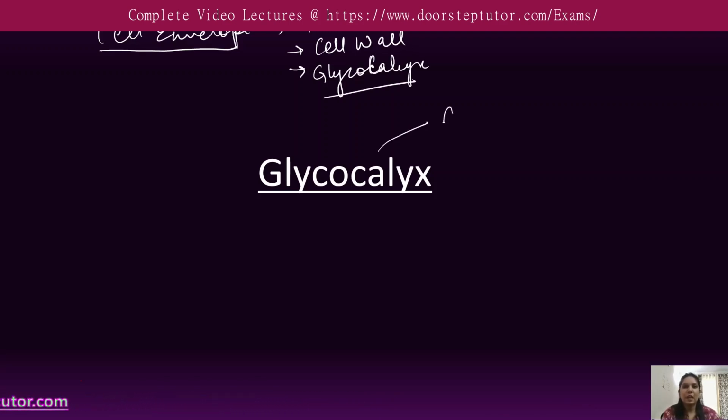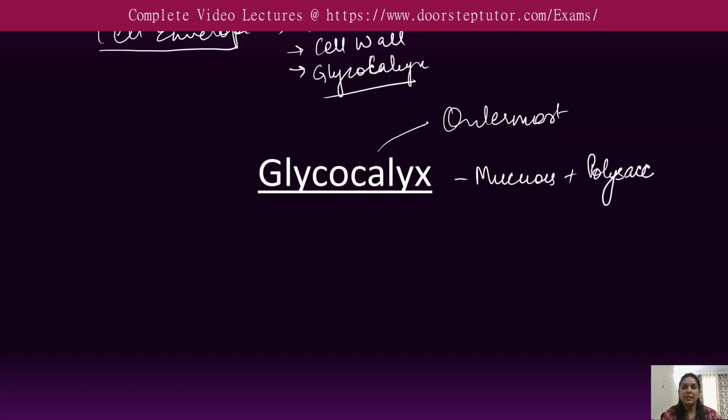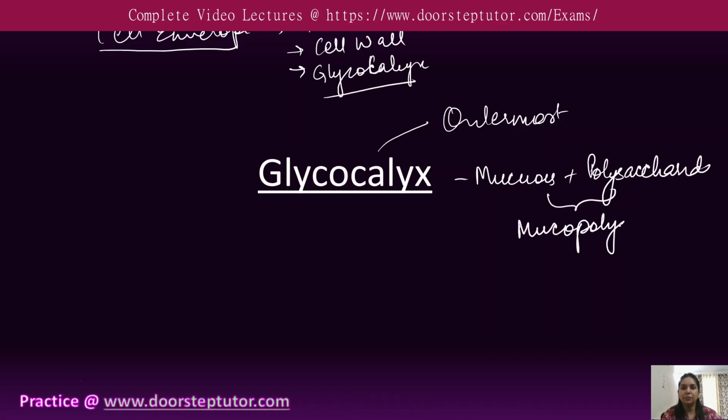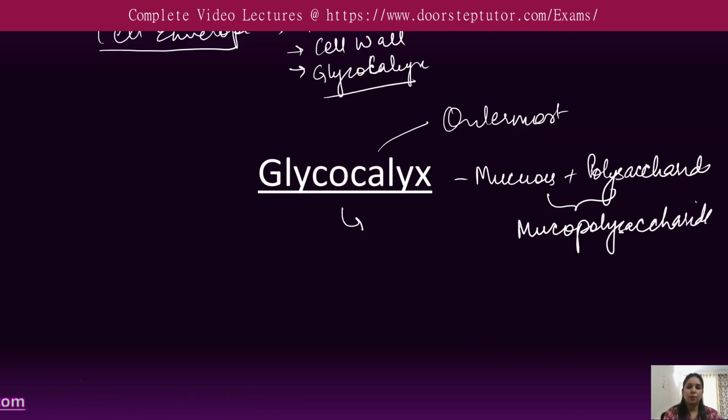So, the glycocalyx is the outermost covering of the bacterial cell, and it is mainly composed of mucus as well as polysaccharides. So, we can say that the glycocalyx is generally a mucopolysaccharide layer, and its main role is protection.